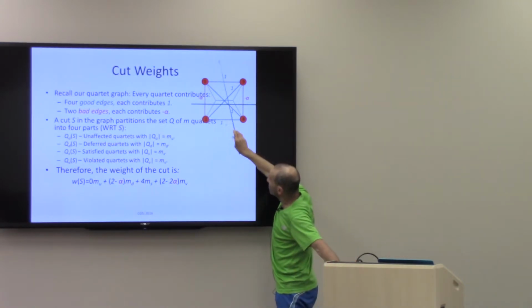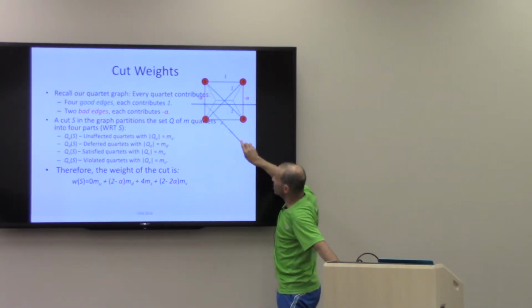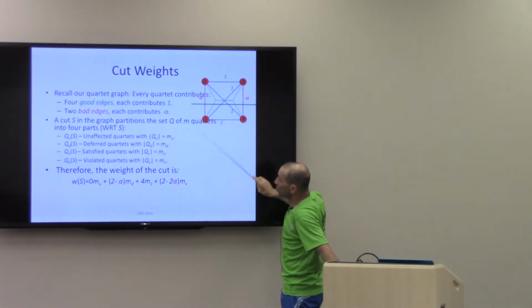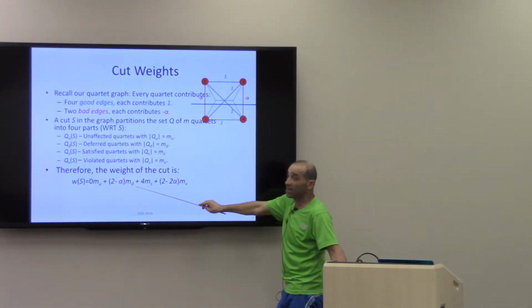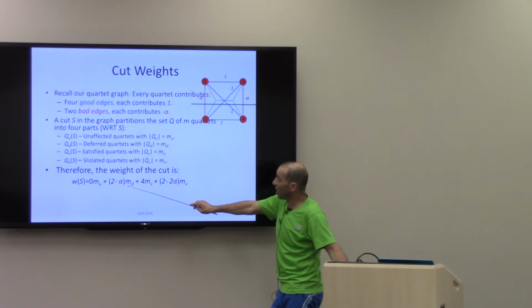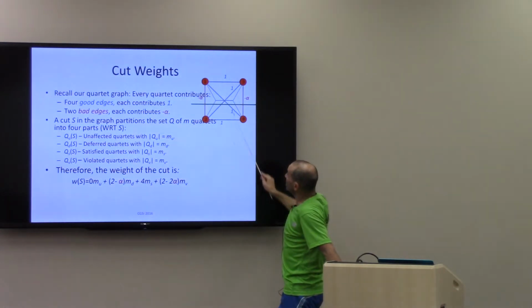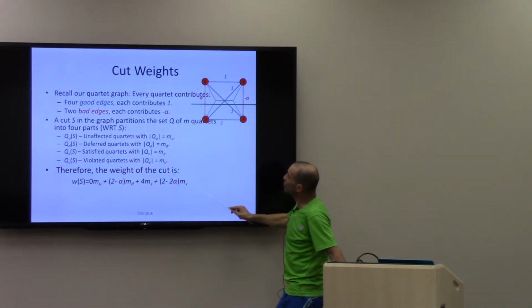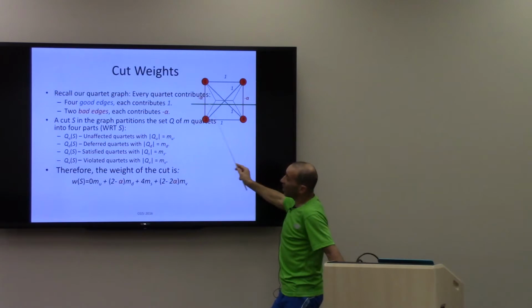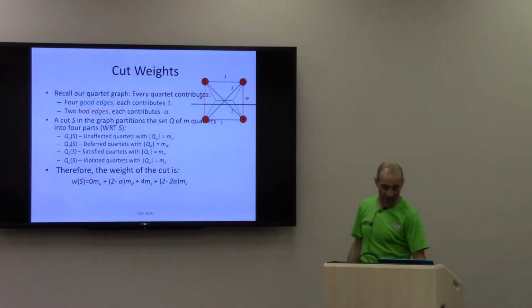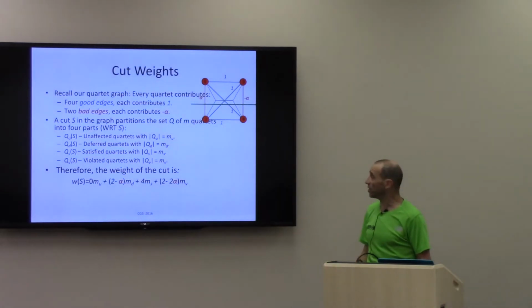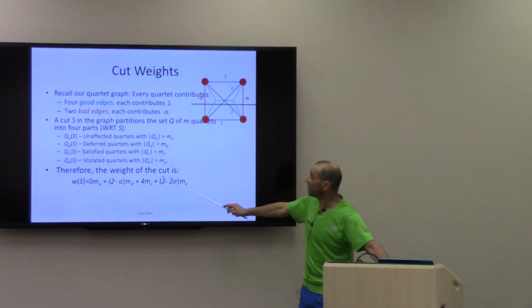So the cut separates one bad edge and two good edges, giving 2 minus alpha times m sub d. For the satisfied ones, 4; and 2 minus 2 alpha for the violated ones. So this is the cut weight.